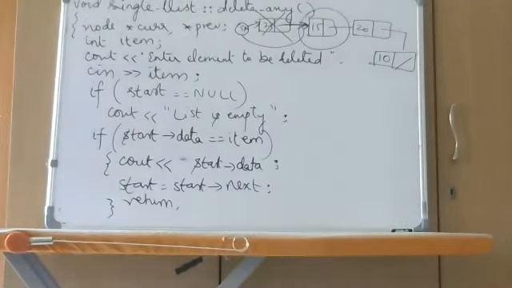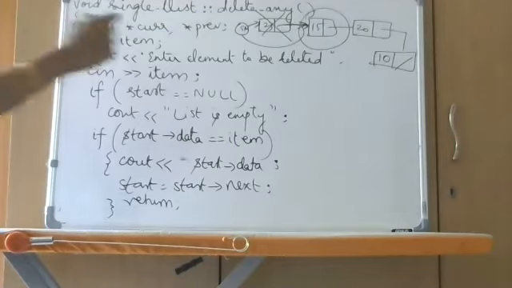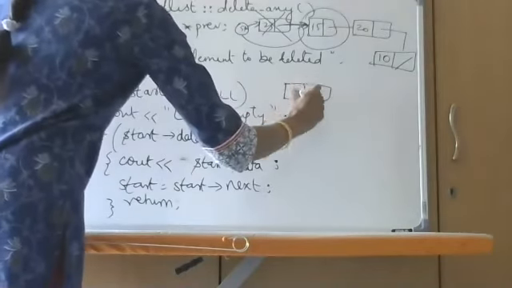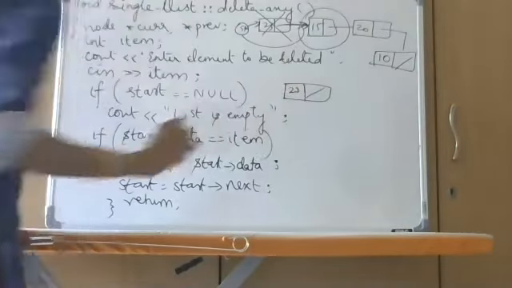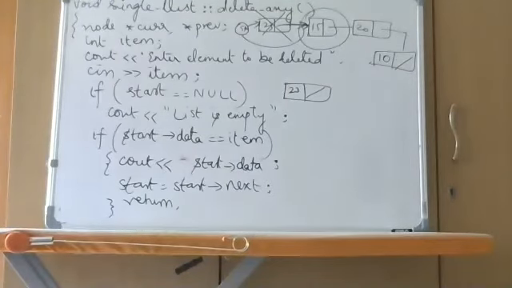Next, the option that we are going to check is, I want to delete the first element and that's the only element I have. So what should I do? Now what do we check?